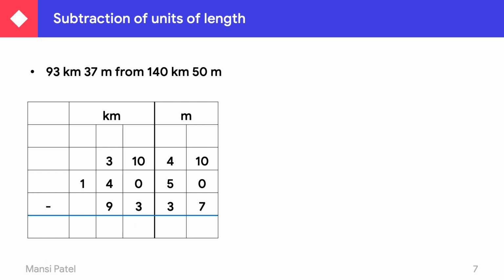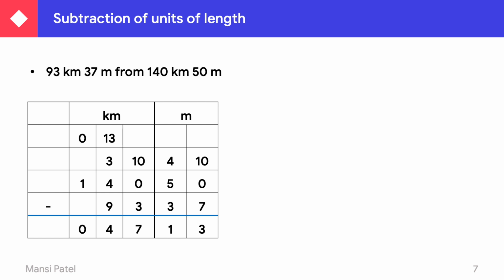Now see, 3 minus 9, is it possible? Not possible. So 3 becomes 13 and 1 becomes 0. Now do the subtraction. 10 minus 7, 3. 4 minus 3, 1. 10 minus 3, 7. 13 minus 9, 4.